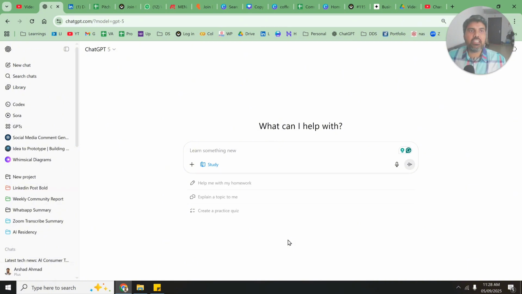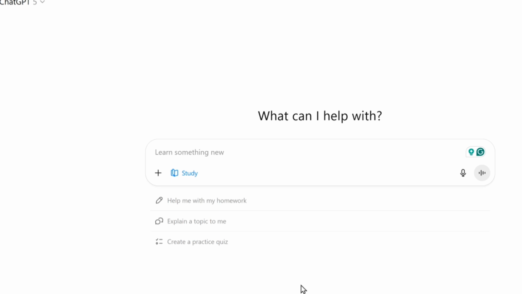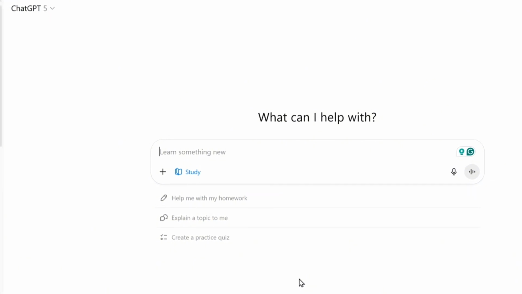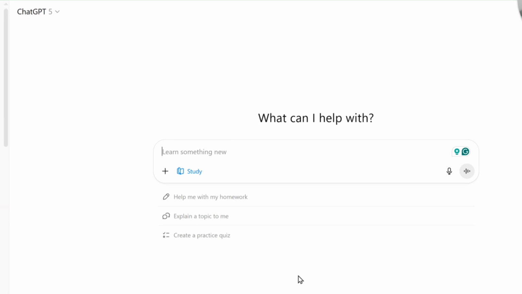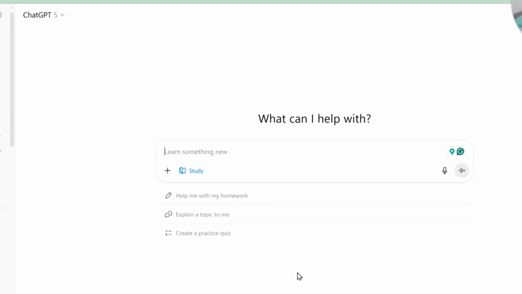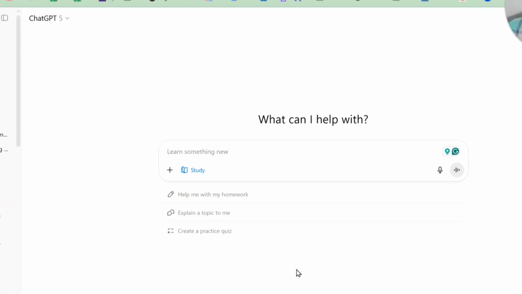This feature is very good for people who are learning new technologies or skills in a very step by step manner. You ask about a specific topic, it tries to explain it to you, and it asks a follow-up question on whether you have understood it or not.